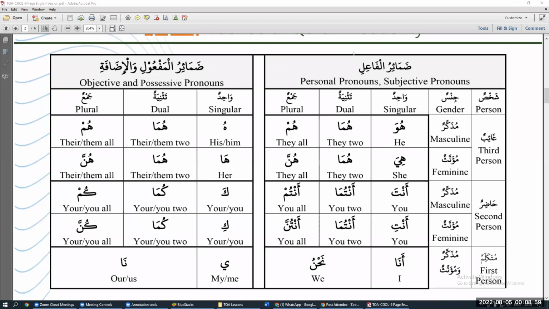Please, Farzana, anything? Sir, I have one question. When we learn English, there is singular and plural, but why is it necessary in Arabic to have dual, when it is two persons?